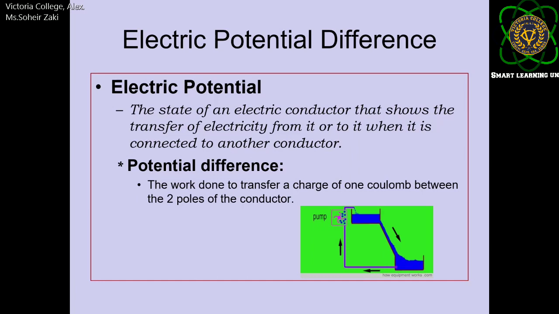And the water always flows from the high level to the low level. And what will happen if the water level is the same? There is no flow of water. So the potential difference must exist to have a flow of electric current, and when the potential difference equals 0, there is no flow of electric current.